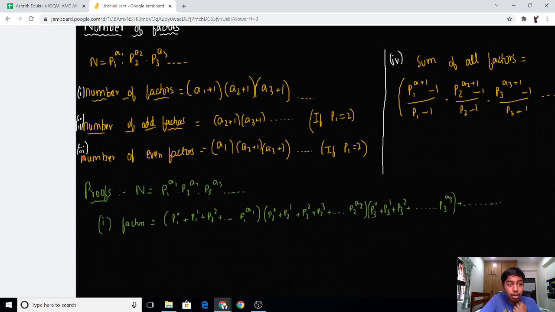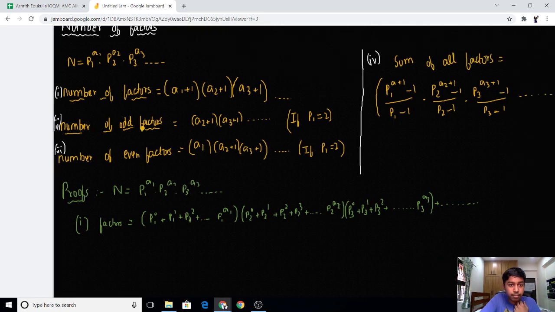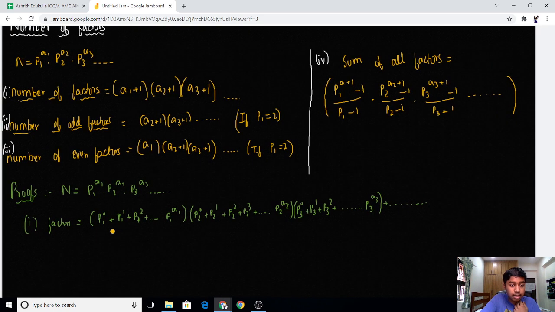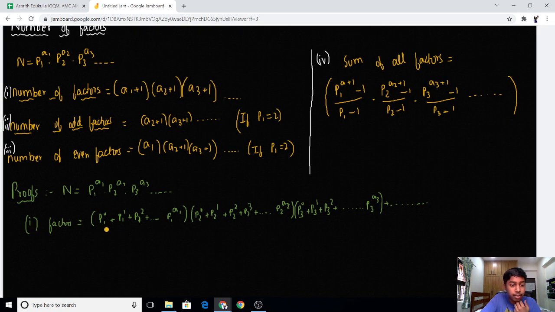I'm listing out all the factors. If you take all the powers of p1, it is nothing but p1 power 0 plus p1 power 1 and so on till p1 power a1.